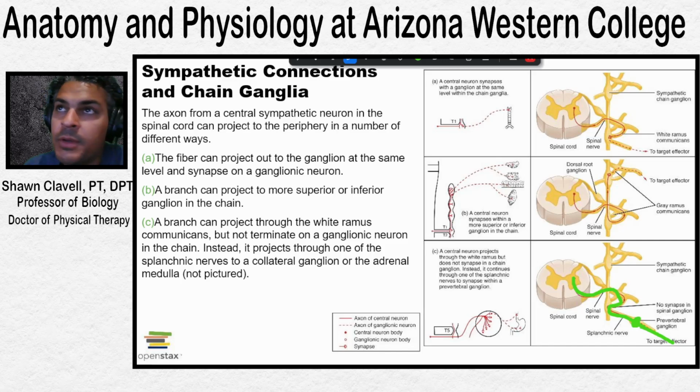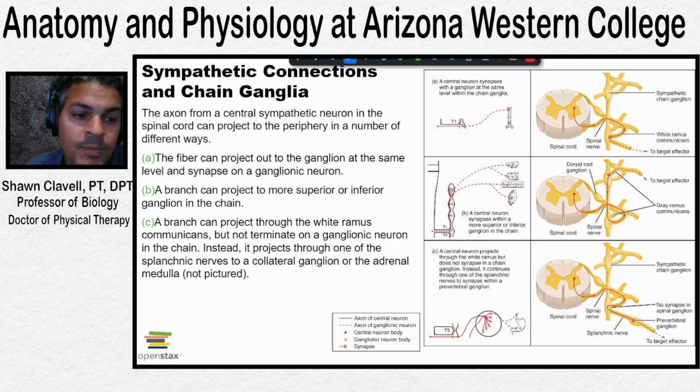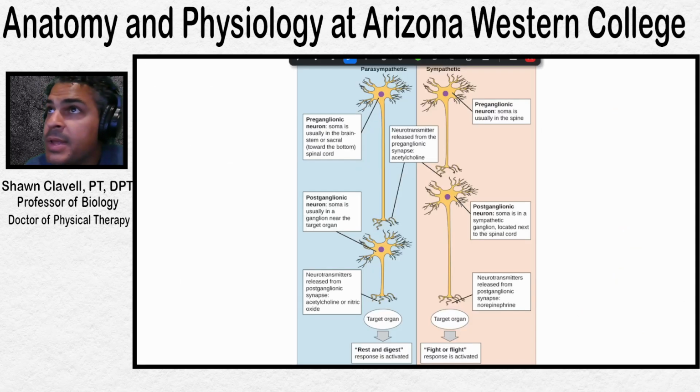Where the other component here is the parasympathetic nervous system, which has a very long preganglionic neuron and a very short postganglionic neuron.